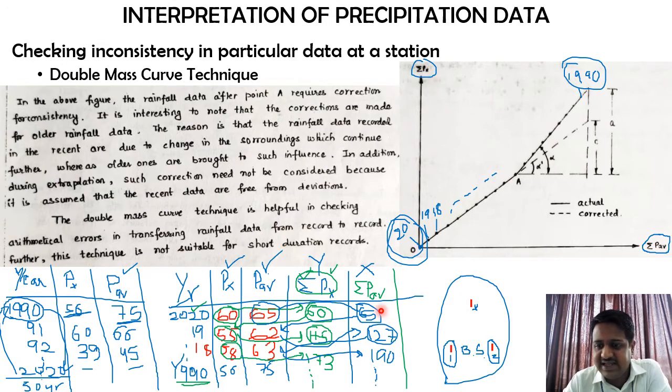Keeping this in mind, the next step is we need to plot these two sets of points for the sake of drawing this double mass curve. Now the next step is going to be to draw this particular graph.